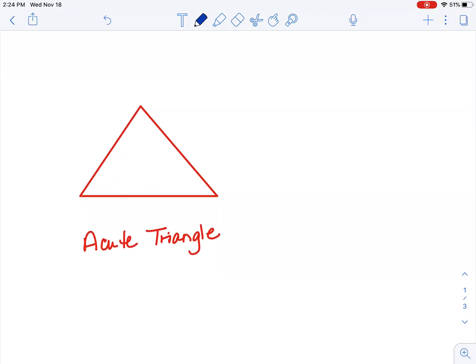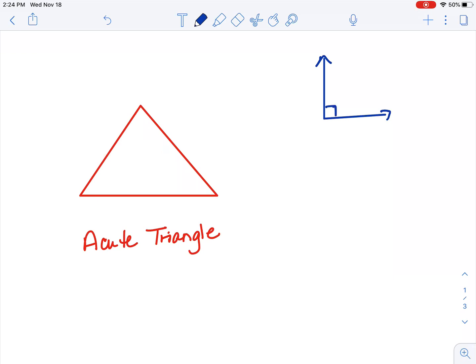The first type is an acute triangle. It's got 3 little cute angles right there. They're so cute. They're acute angles. That means they're less than 90 degrees. A 90-degree angle makes a perfect L. Whoops, that didn't do it, did it? That is a 90-degree angle.